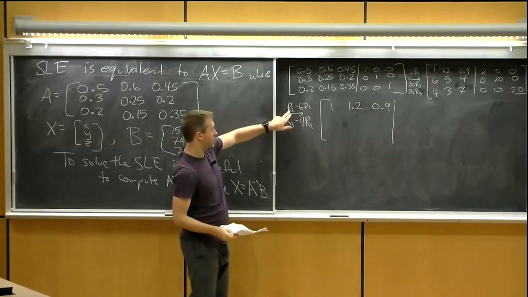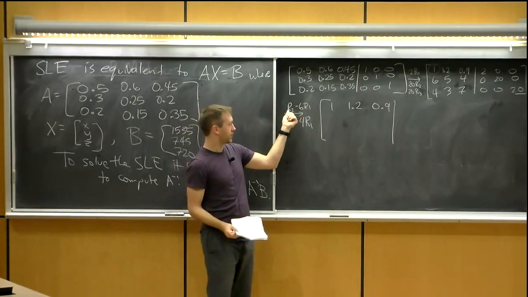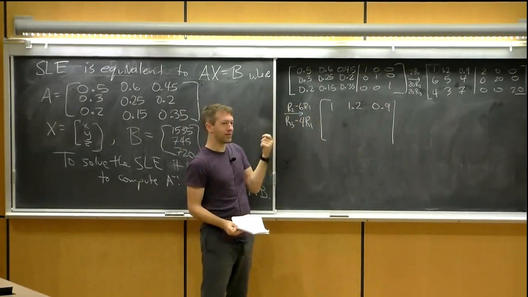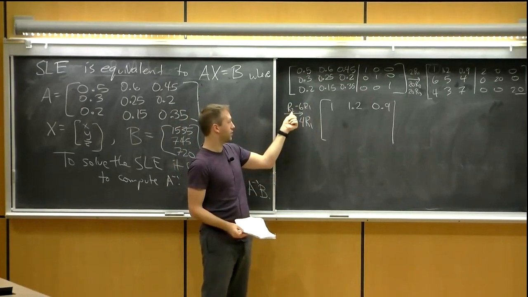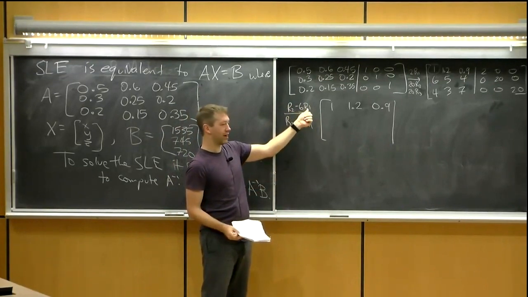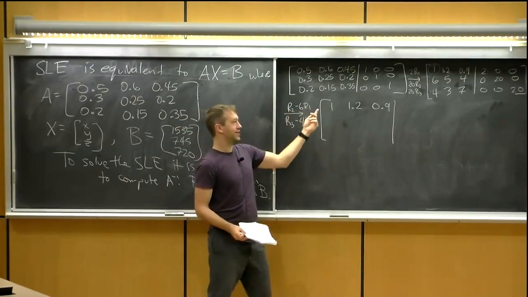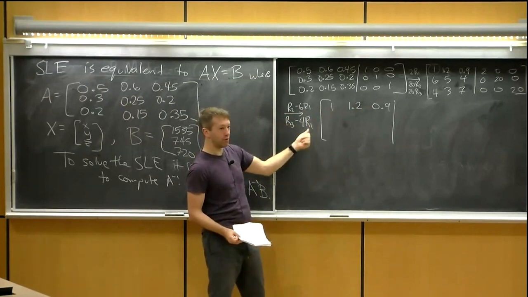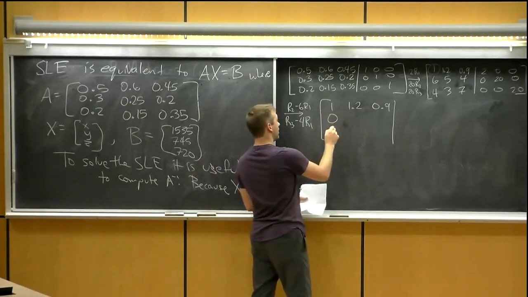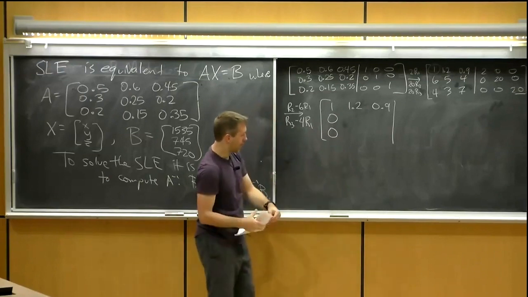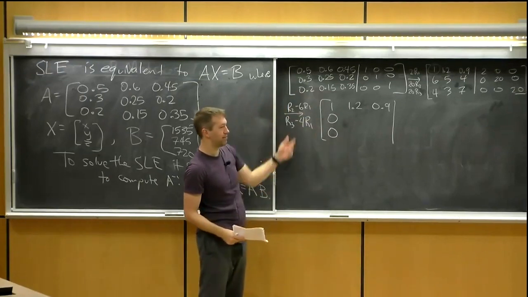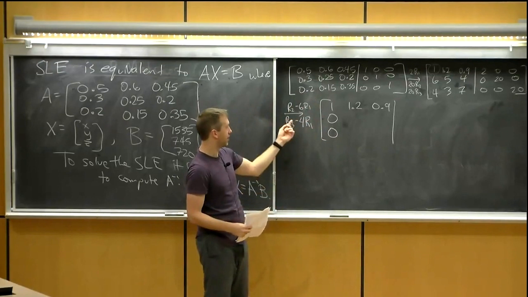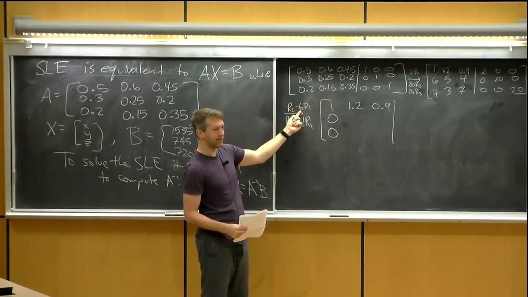When you write these, the first row that you write is the one that's changing. So we're changing row 2 by subtracting 6 times row 1, and changing row 3 by subtracting 4 row 1. I know I'm going to have zeros here because I set it up that way.